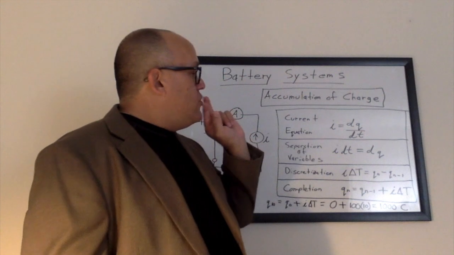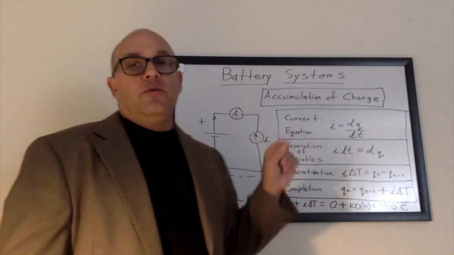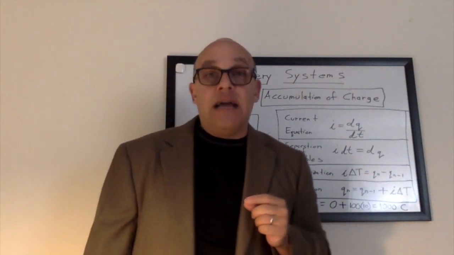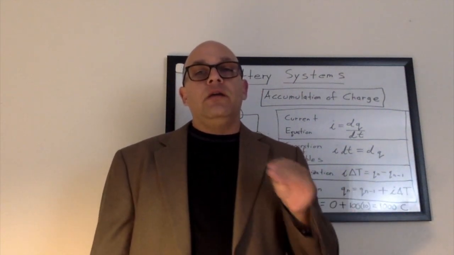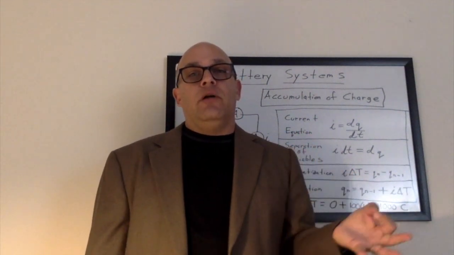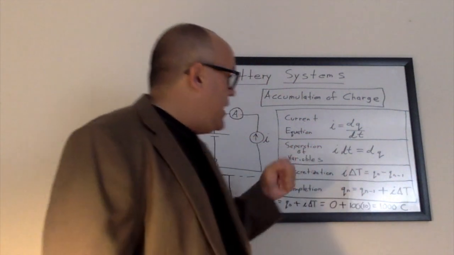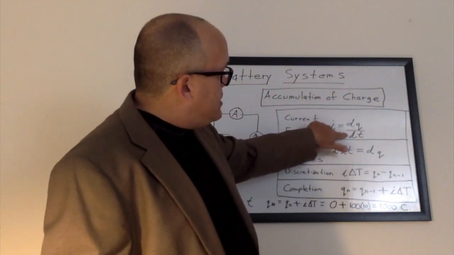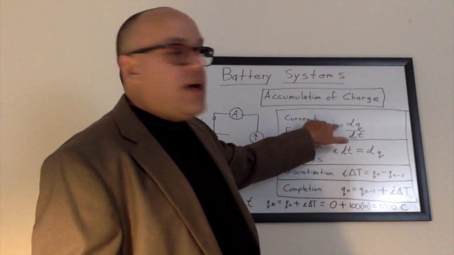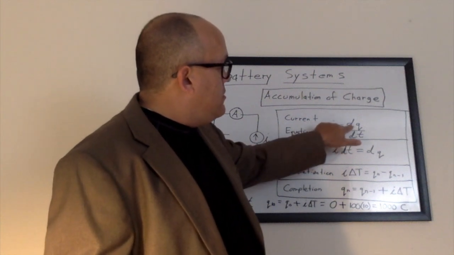If you remember from your differential equations or calculus class, we're going to do separation of variables so we can get to a useful equation that you can plug into a computer science algorithm. That's where we're headed here. In separation of variables, we move dt up against I, and then dq is left alone.